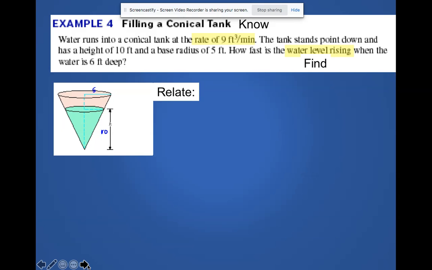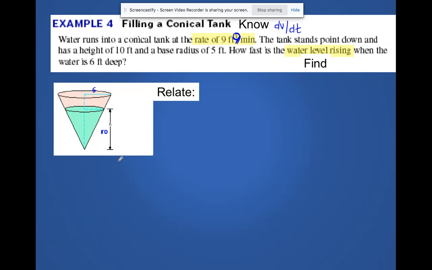So let's organize. 9 cubic feet per minute. What is that a rate of? Volume. How fast is the water level rising? Look at the drawing.